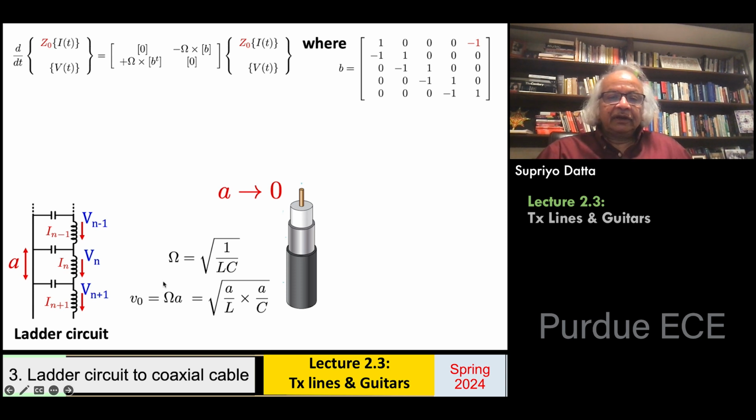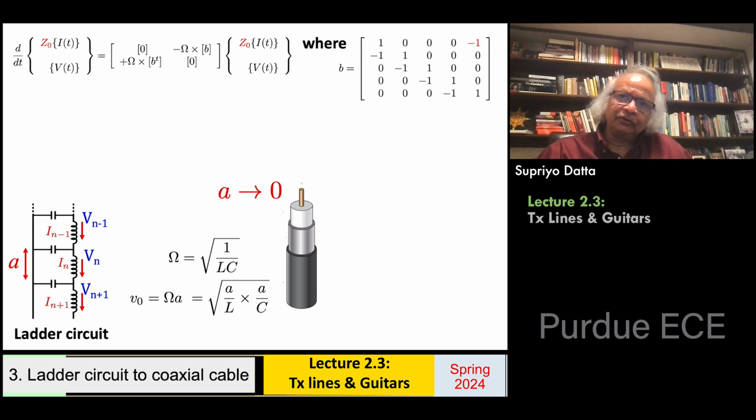And so as you make a smaller and smaller, the velocity approaches a constant, in the sense that the inductance per unit length and the capacitance per unit length are fixed. So you get a certain velocity. But the corresponding omega tends to a very large value because a is tending to 0, so the product has to stay constant. So that's what you might call the continuous limit of what we were doing before.